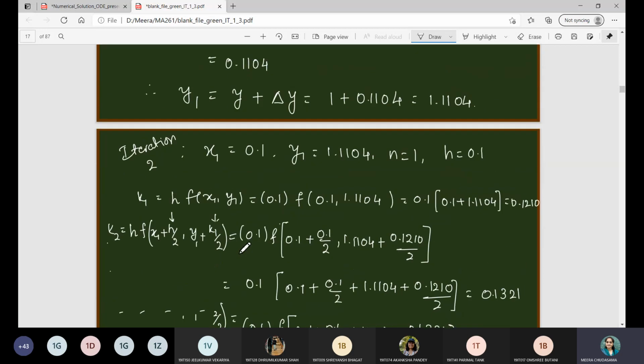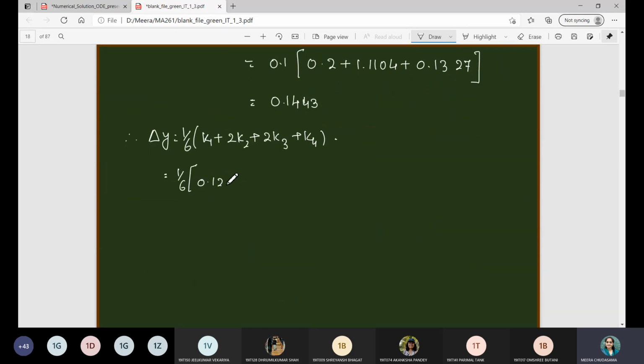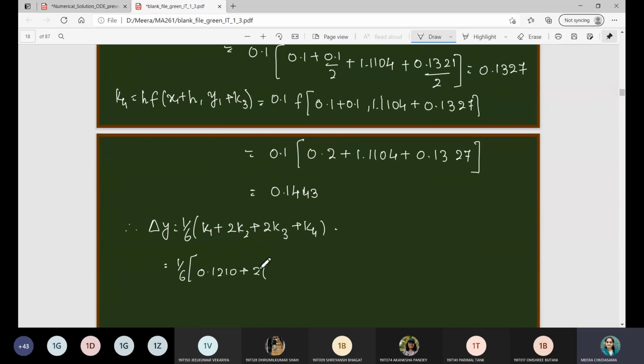K1 value we have obtained over here is 0.1210, plus 2 times K2 value we have obtained here, 0.1321, plus K3 value which is over here, 0.1327, plus K4 that is 0.1443.